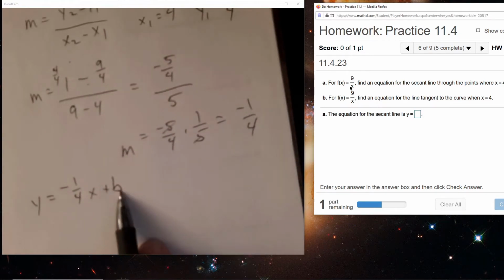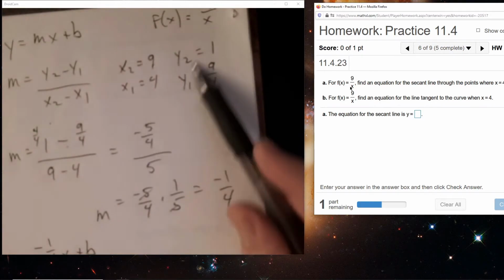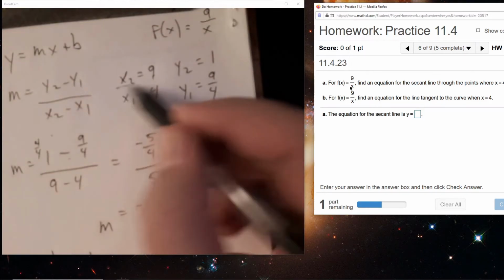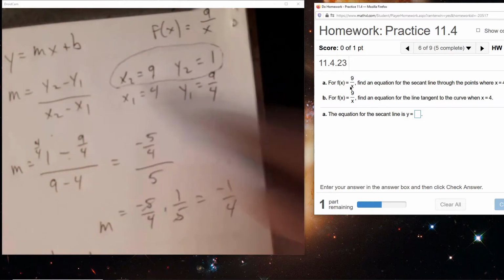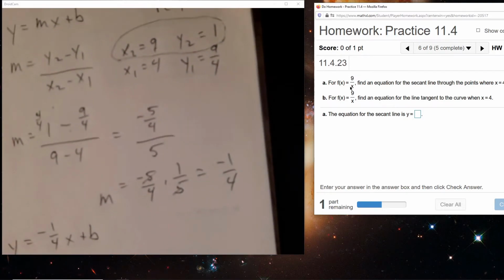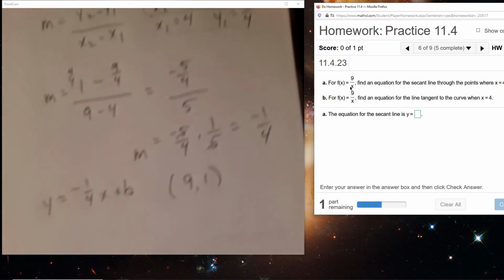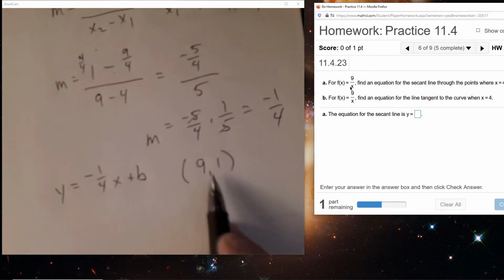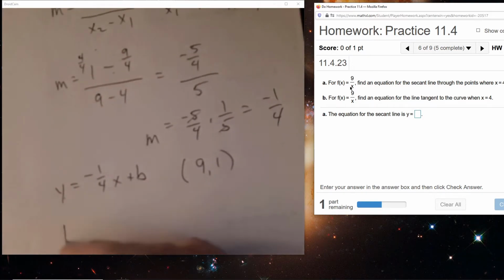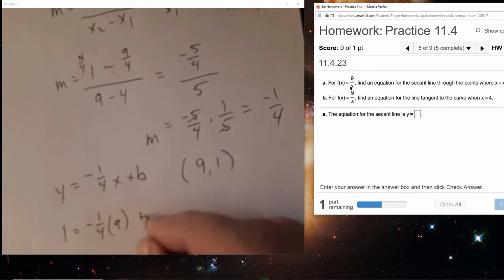And now to figure out the y-intercept, we need to choose an ordered pair up here. I'm going to choose the ordered pair that's easiest, the one without the fraction. So that ordered pair then is 9, 1. And that's what I'm going to plug in. So when y is 1, x is 9.